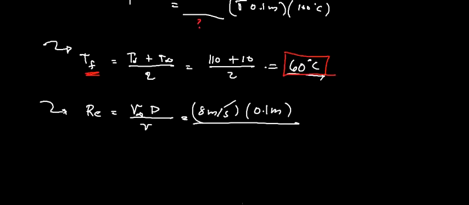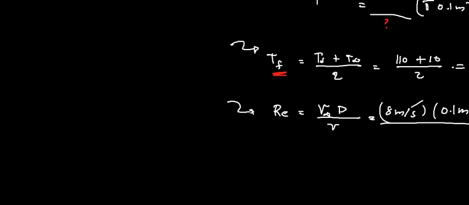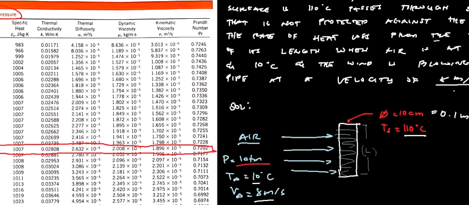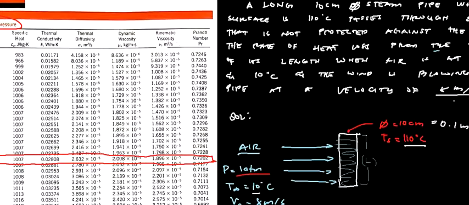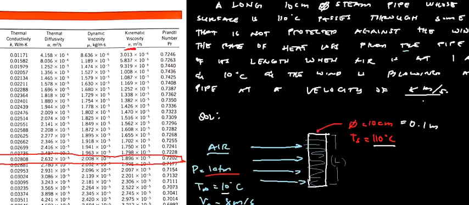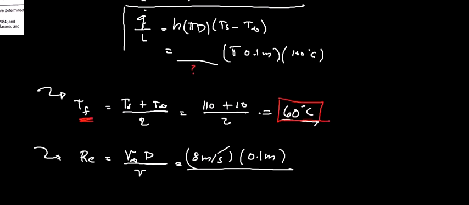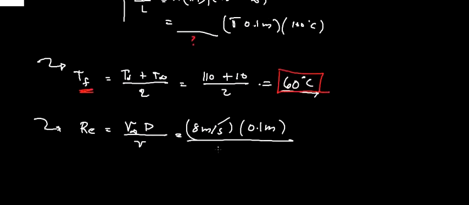Then our kinematic viscosity, V, is 1.896 times 10 to the negative 5 meters squared per second. So as you can see, the units cancel.